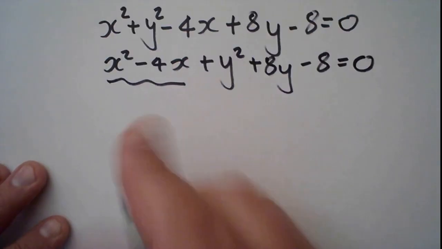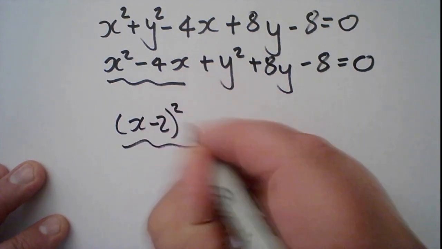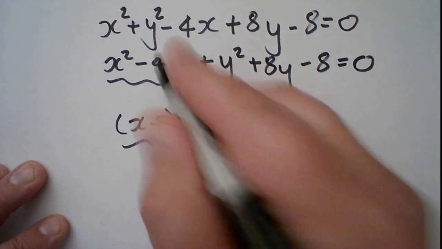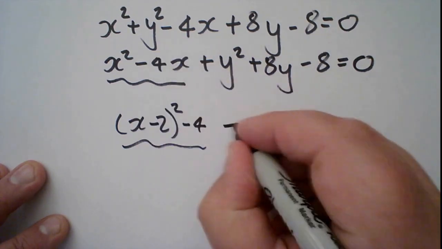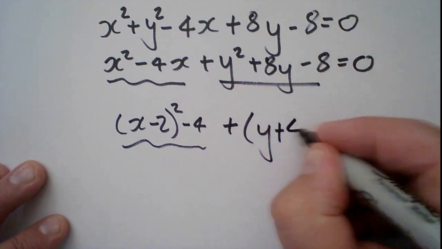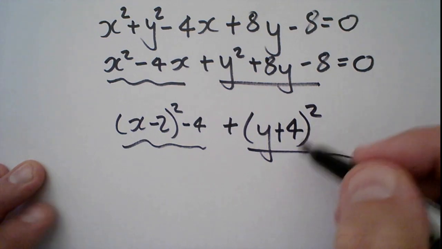So halve the 4, square it, just do that in your head. x squared minus 4x plus 4, so just subtract the 4 so they're equivalent. Same with the other one: y plus half the 8, 4, square it of course, y squared plus 8y plus 16.